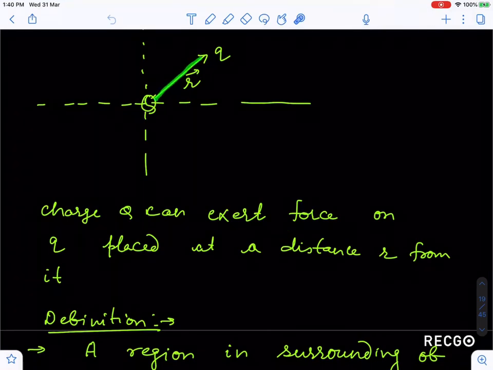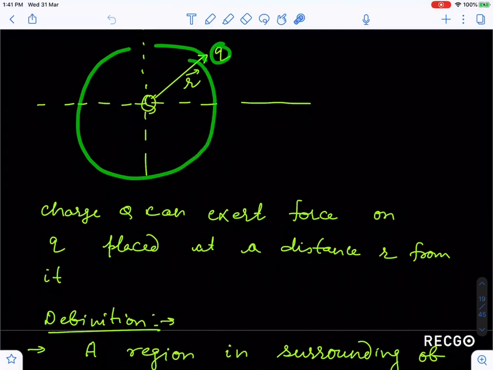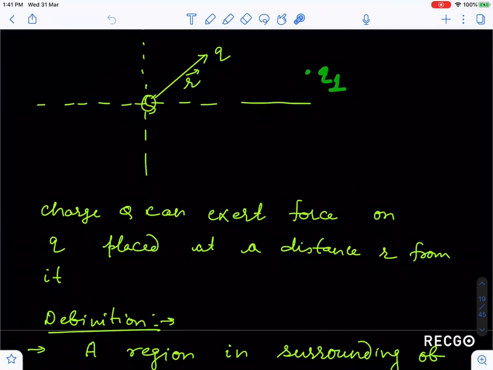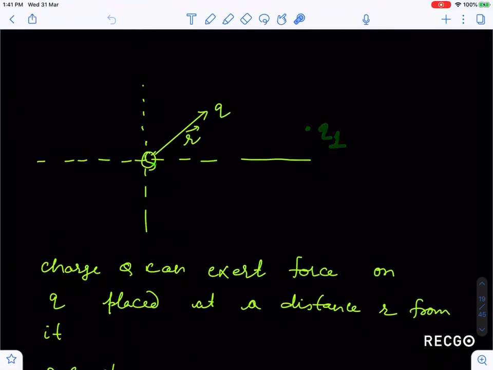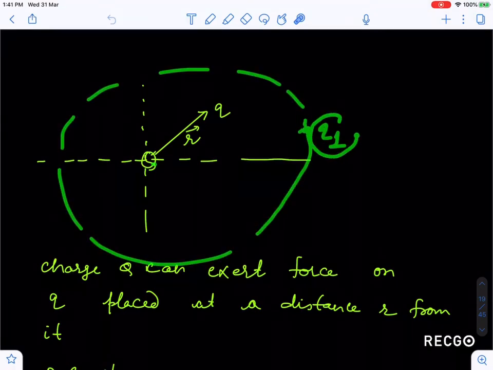So if charge Q can exert force on small q which is kept at distance r from it, then this small q is in the field of this charge capital Q. Suppose this charge Q can exert force on q1, so I can say that this charge q1 is also kept in the field of this charge Q.